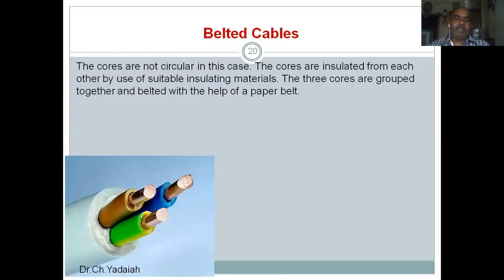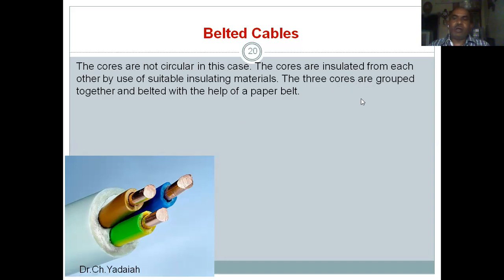Now, the belted cables. How do the belted cables work? The cores are not circular in this case. The core means these conductors. The cores are insulated from each other by suitable insulating materials, for example, three conductors with separate insulation over each conductor.